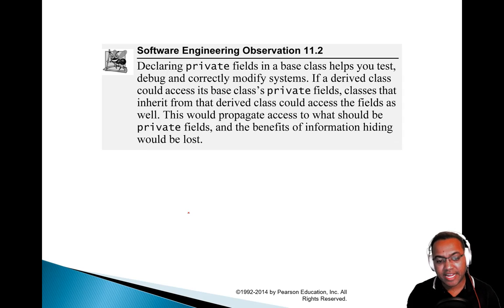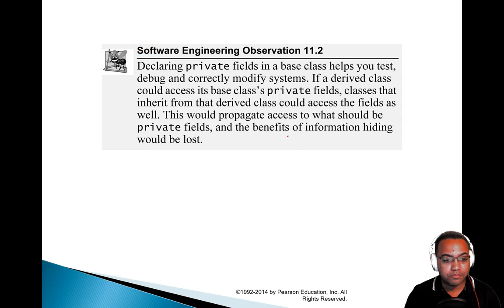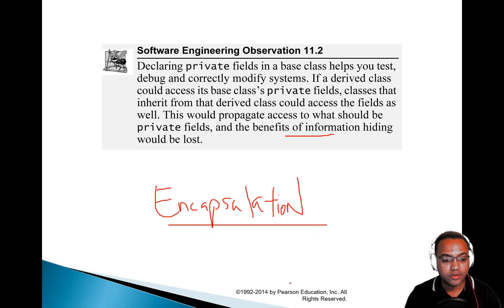This would propagate access to what should be private fields, and the benefit of information hiding would be lost. This benefit of information hiding is called encapsulation. Very important. The whole reason why we do this is because of encapsulation.